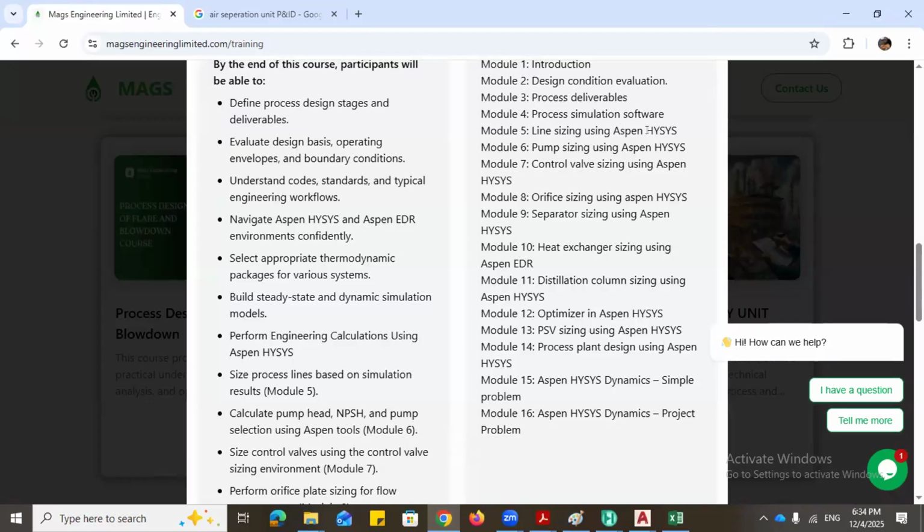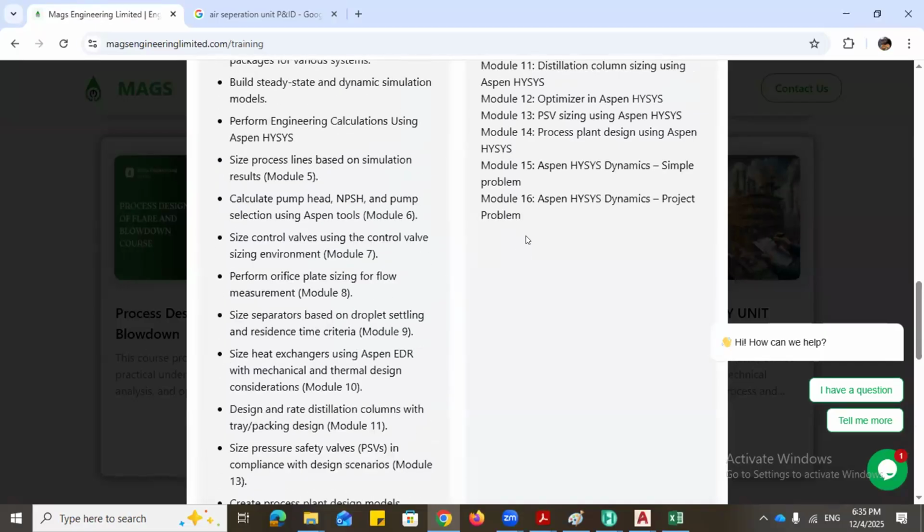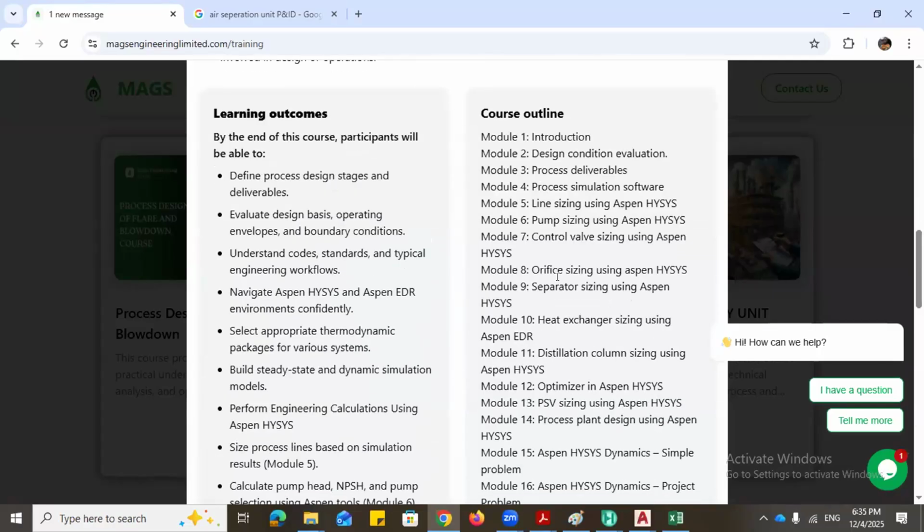They will now teach you how to use HYSYS software to do line sizing, HYSYS software for pump sizing, HYSYS software for control valve sizing, HYSYS software for orifice sizing, HYSYS software for separator sizing, for heat exchanger sizing, distillation column, for optimization, for PSV sizing, for your process plant designing, for your dynamics, simple problem, and major problem, for just 500,000 naira. For just 500,000 naira. Look at what you are learning.